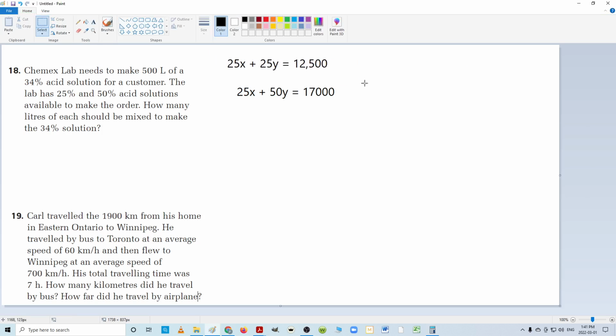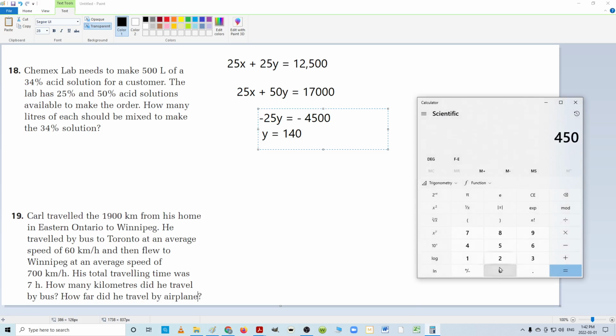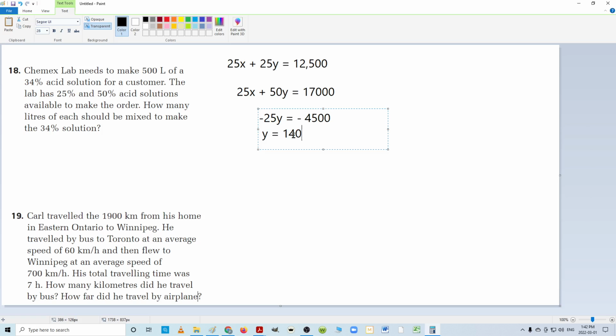So if I subtract top and bottom, yeah, I think it'll work. I get minus 25y is equal to minus 4,500. When I divide by that, I get 180. Yeah, my math is going.